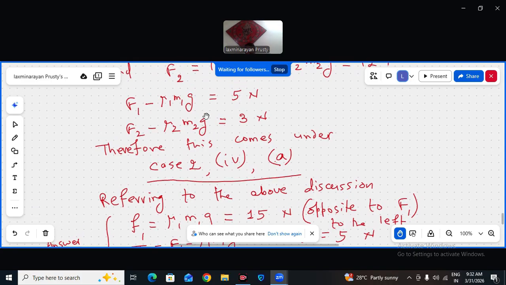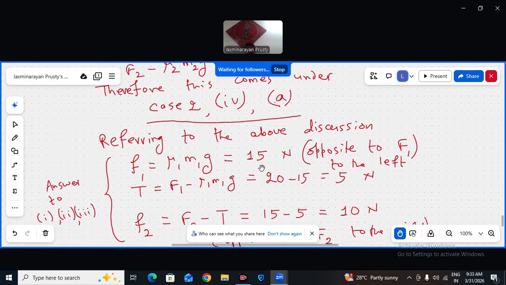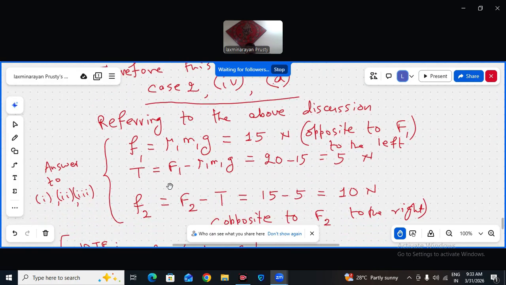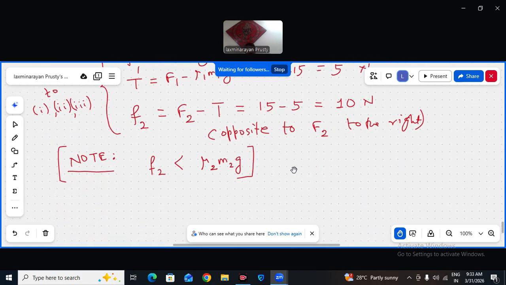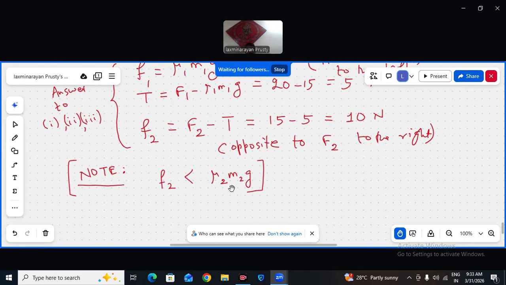So small f1 will become the maximum value of μ1 m1 g. Small f2 will not be equal to μ2 m2 g. As you can see, μ2 m2 g is 12 Newton, but it is only 10 Newton.